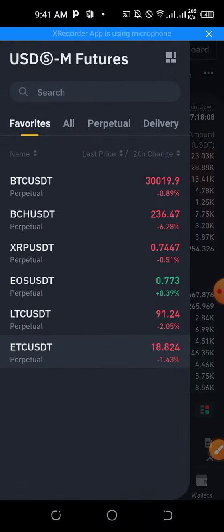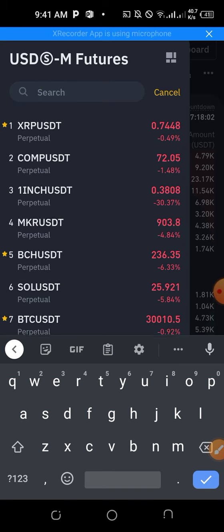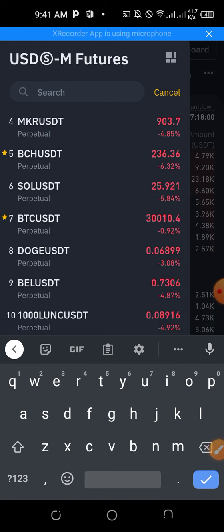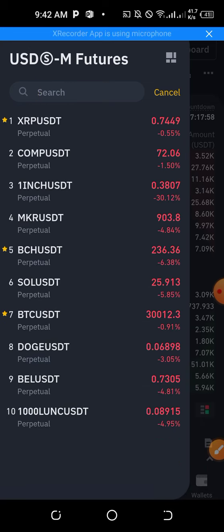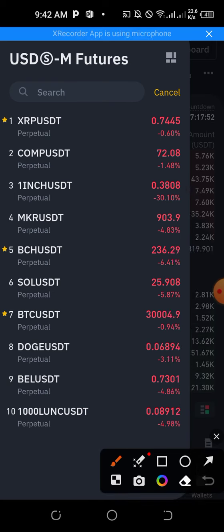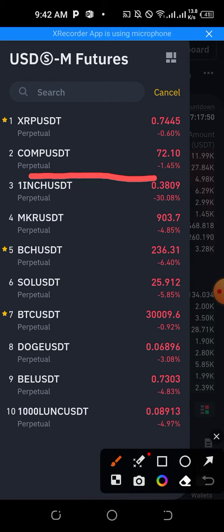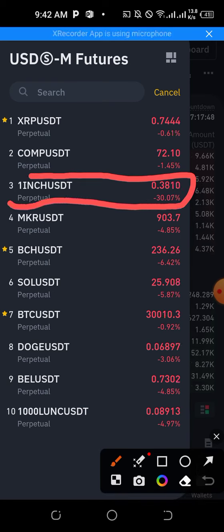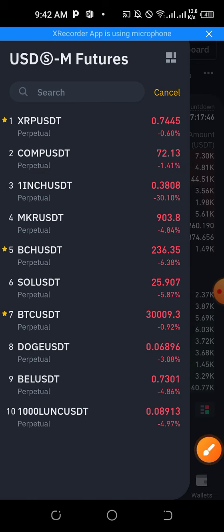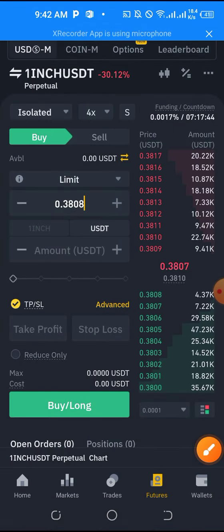Let's check if we can see the coin here. You can see a lot of red. When you see red, we can see 1INCH here. This is the coin that we saw on Bybit. Click on it to open the candle.